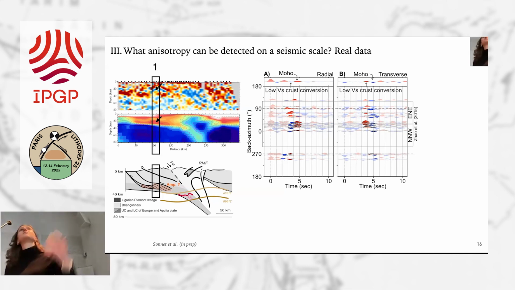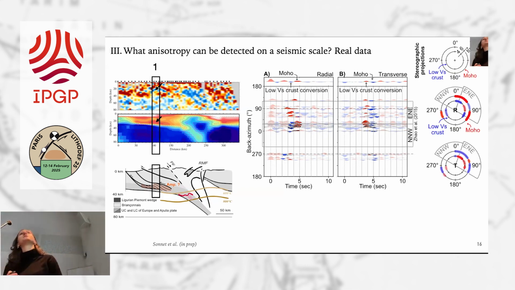And this time, of course, the signal is real, so it's obviously incomplete, but it's still on the range of 360 degrees, so we can represent it in stereographic projection, like if we're looking down from the station, with the low Vs crust inside as it's shallower, and Moho conversion outside since it's deeper.